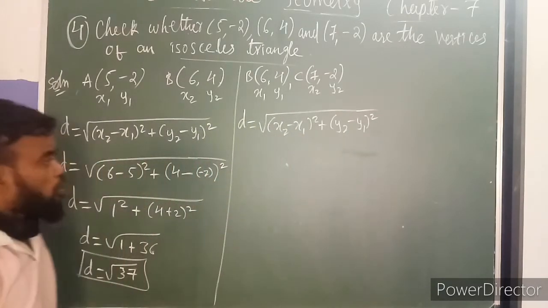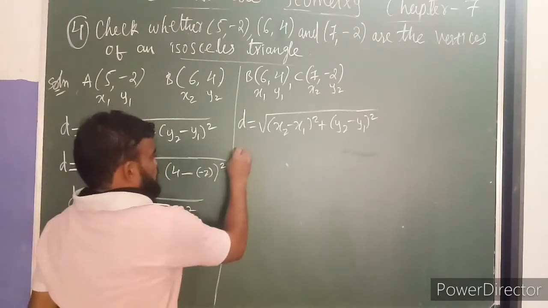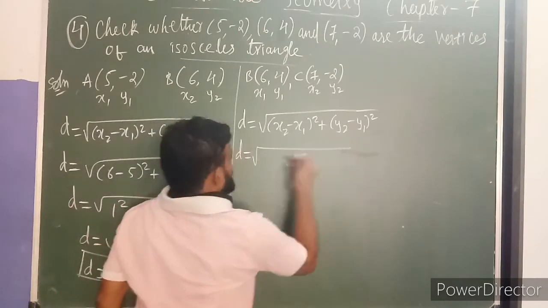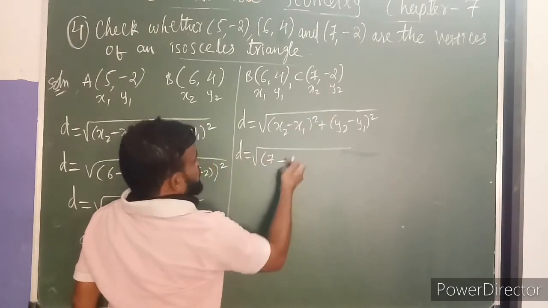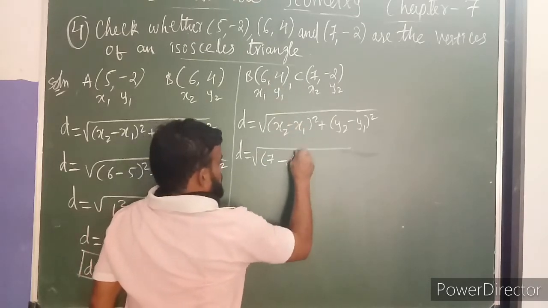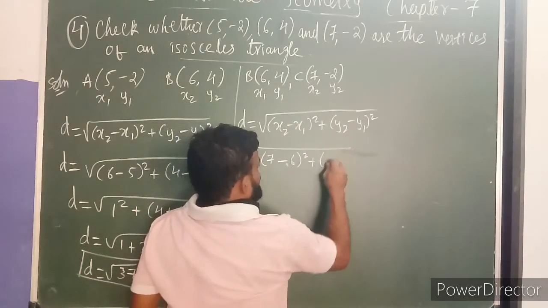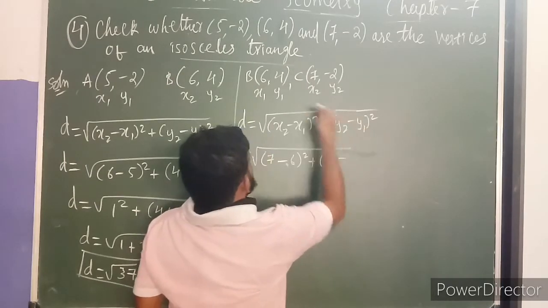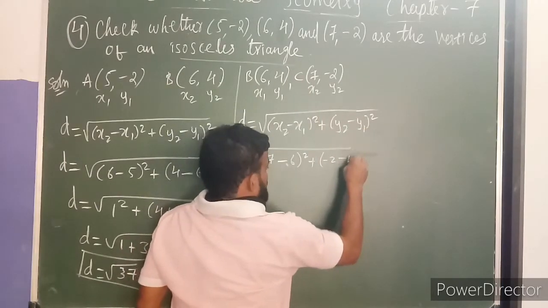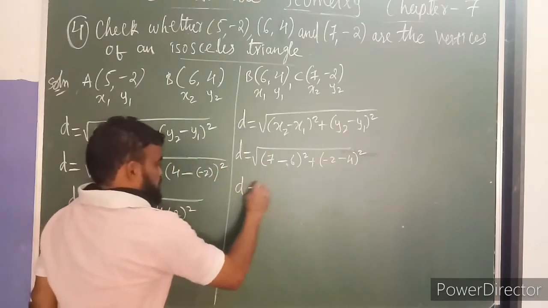Right? So what is x2? x2 is 7. What is x1? x1 is 6. What is y2? y2 is minus 2. y1 is 4.